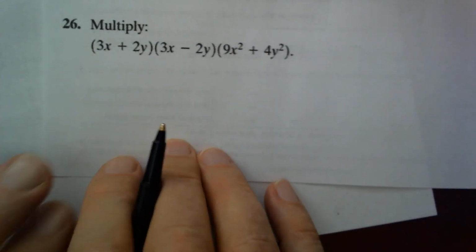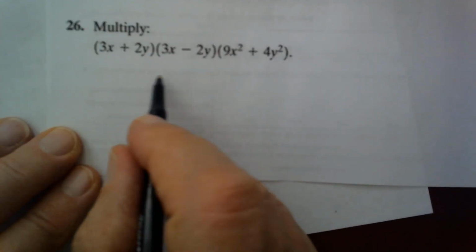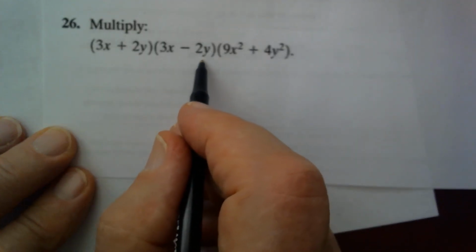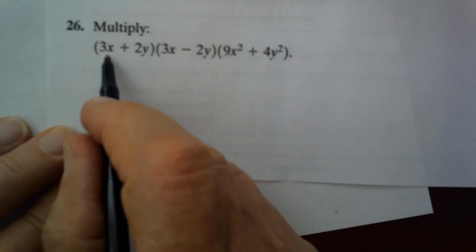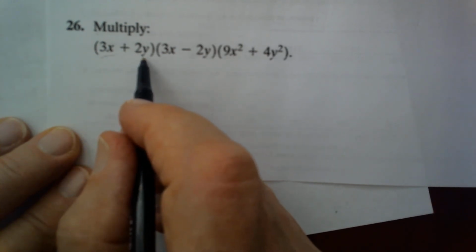So for number 26, we notice we're multiplying 3 polynomials together. Now the first one is of the form a plus b times a minus b. So we know that's a squared minus b squared, where a corresponds to 3x and b corresponds to 2y.